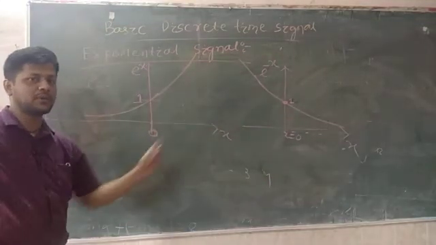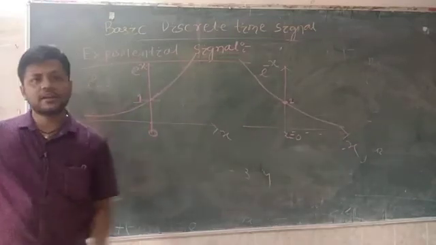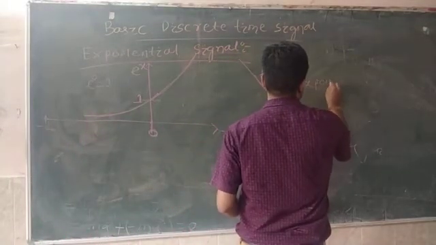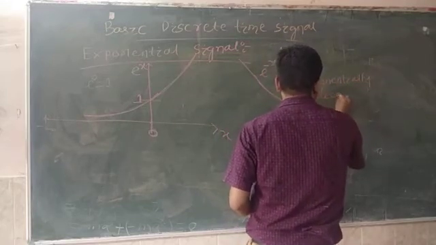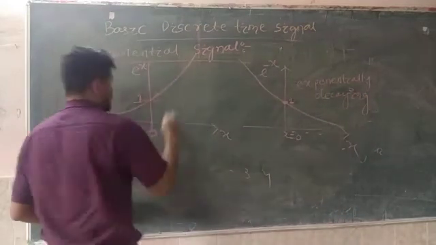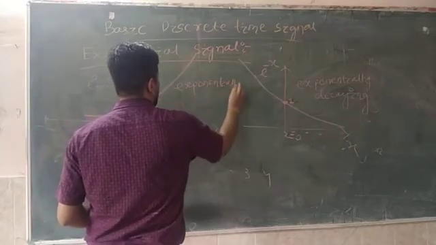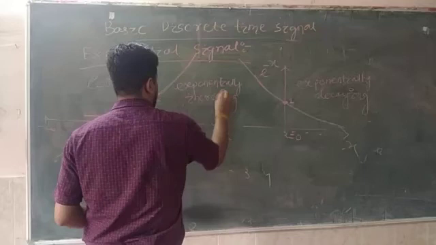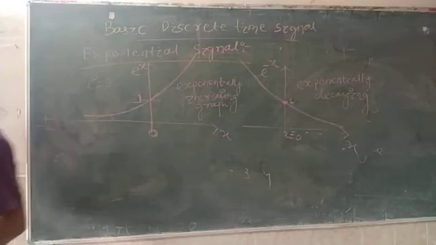So this is your exponentially decaying graph, and this is your exponentially increasing graph.